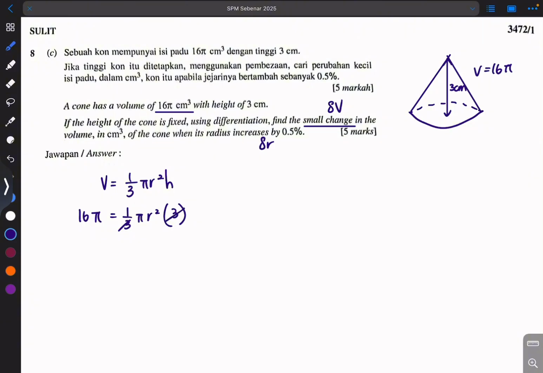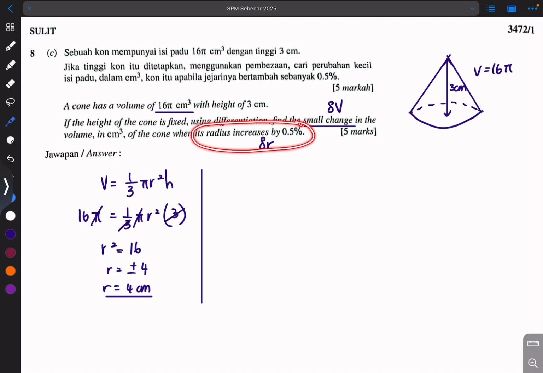1/3 times 3 cancels off. Pi cancels off. So r square is 16. So r can be plus minus 4. But obviously radius cannot be negative 4. So radius is 4 cm. This is the original radius. Now they said the small change in radius is 0.5%.